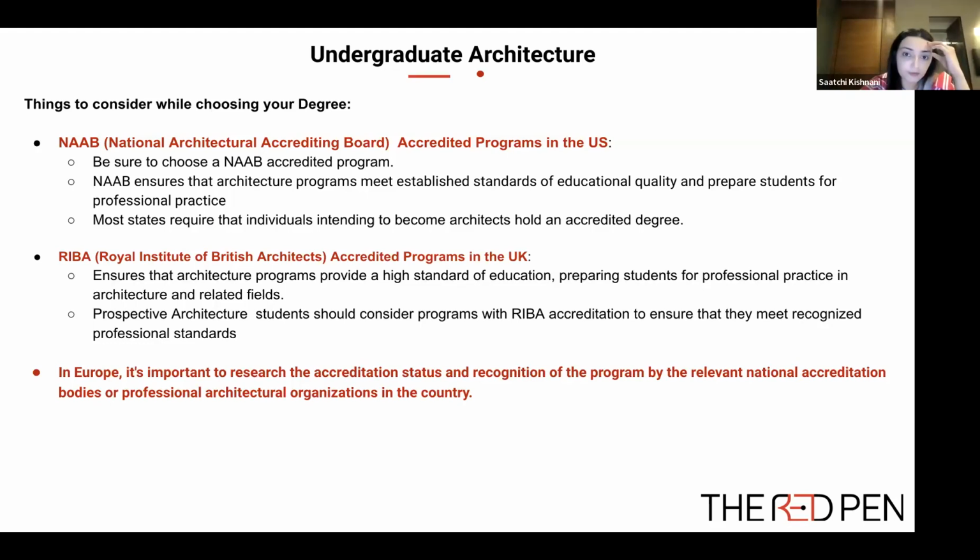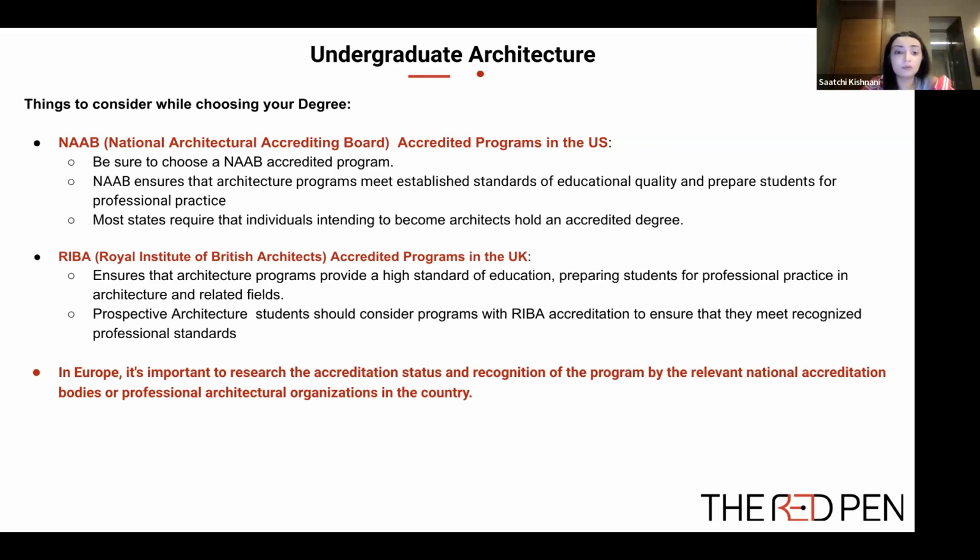Again, this is something that's really important and something that we don't know about, which I feel I was lucky enough to know when I was planning my education 10 years ago. There's the NAAB accreditation board in the US, which is the National Architectural Accrediting Board, and there's the RIBA in the UK.